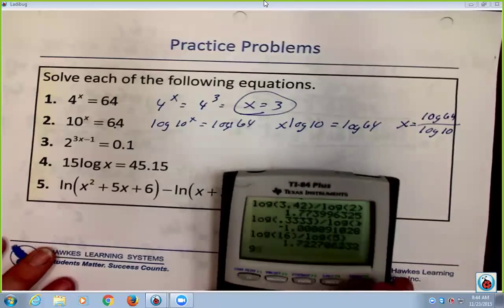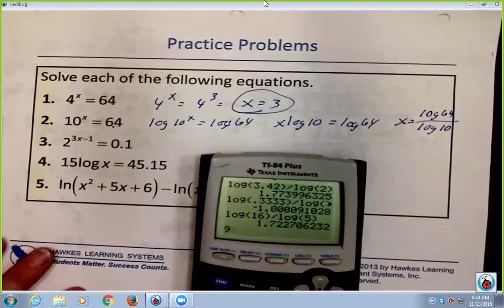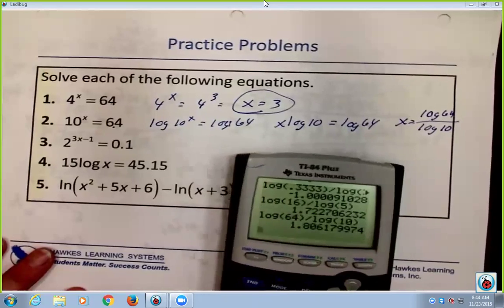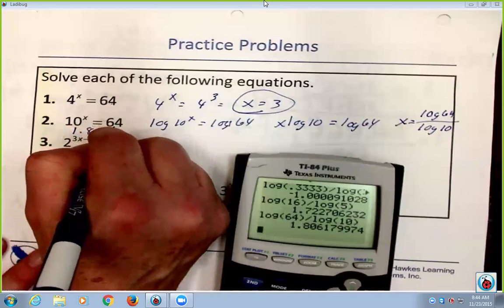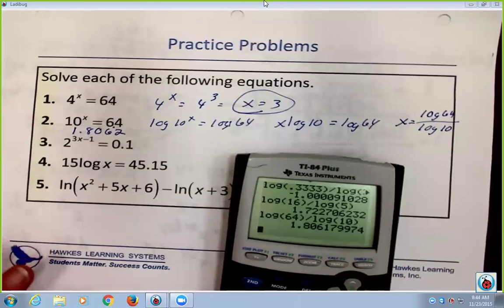So if I plugged it into my calculator and put log 64 divided by log 10, and we get a solution, and they don't tell us where to round, so we're going to round to 4. 1.8062. So that would be my solution for that one.